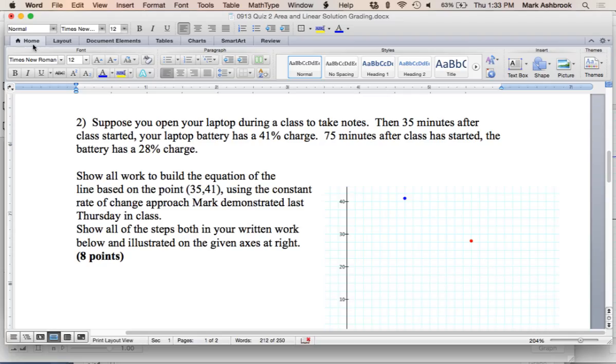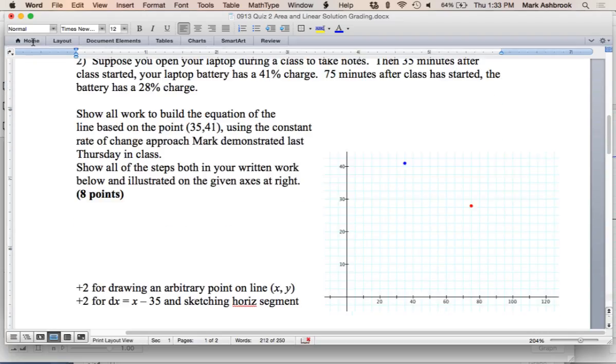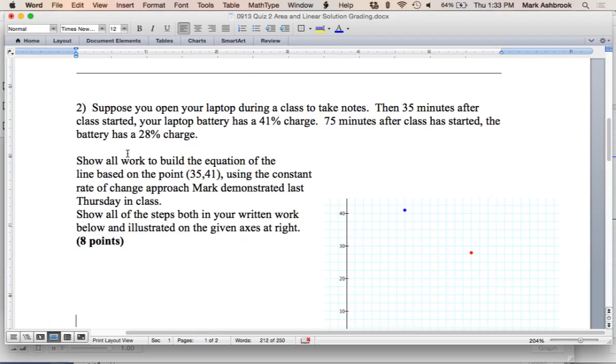So a week ago, I walked through this process of building the equation of a line. That process was specifically about utilizing the principles of constant rate of change. And what are our principles of constant rate of change?